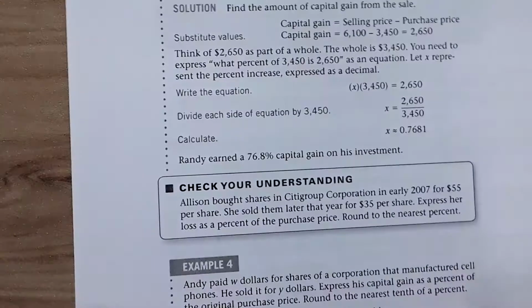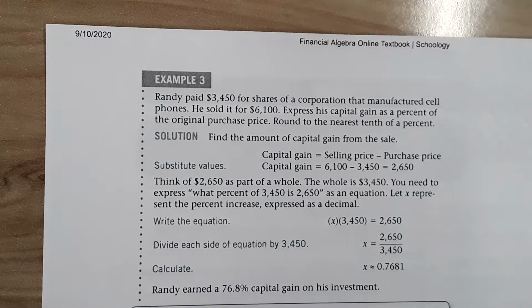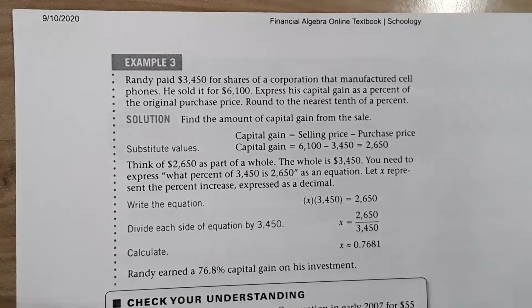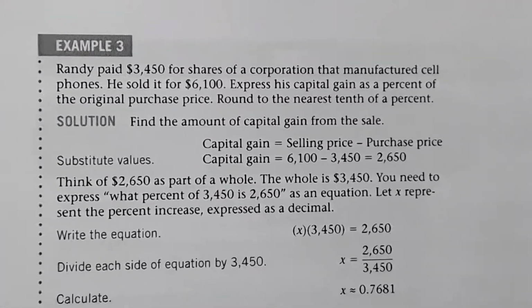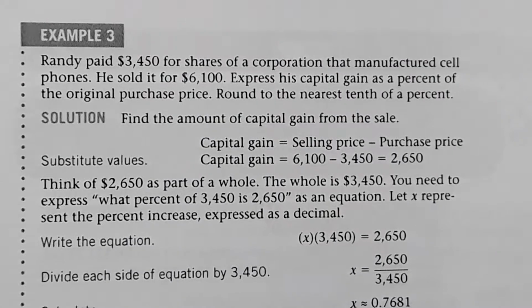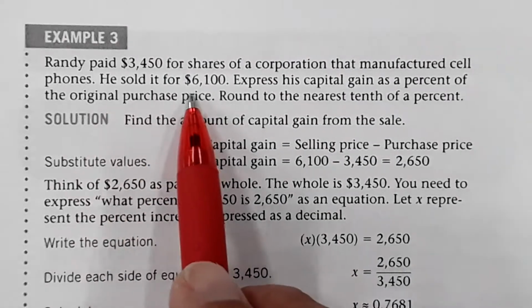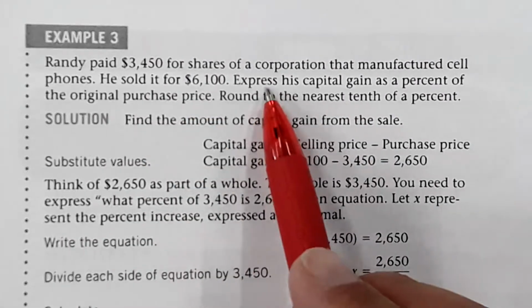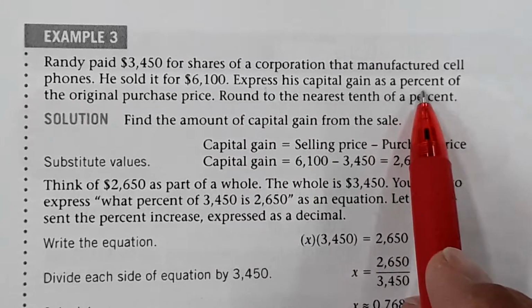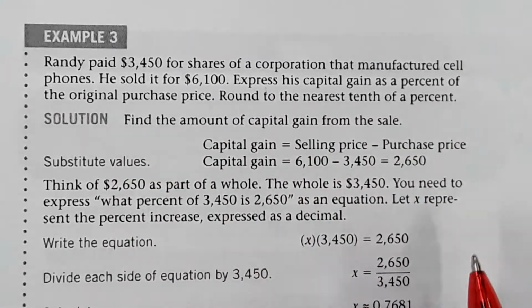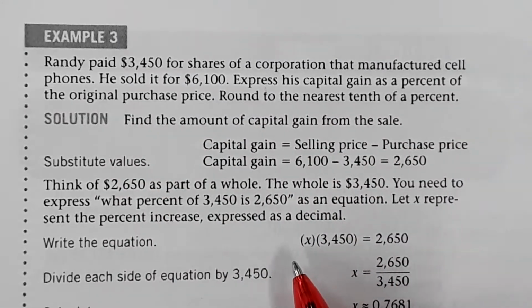All right, moving on. Randy paid $3,450 for shares of a corporation that manufactured cell phones. He sold it for $6,100. Express his capital gain as a percent of the original purchase price, round to the nearest tenths.